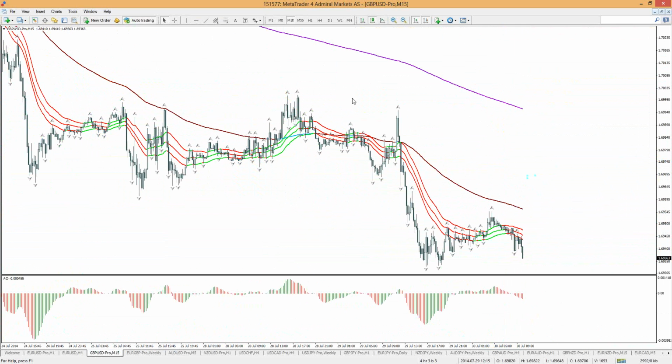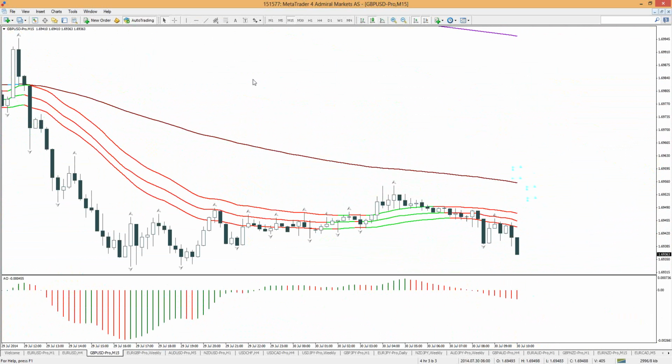Pound dollar, although it's getting a bit choppier than the AUD/USD, but it has a similar breakout. Let's take a look. This is actually breaking right now.